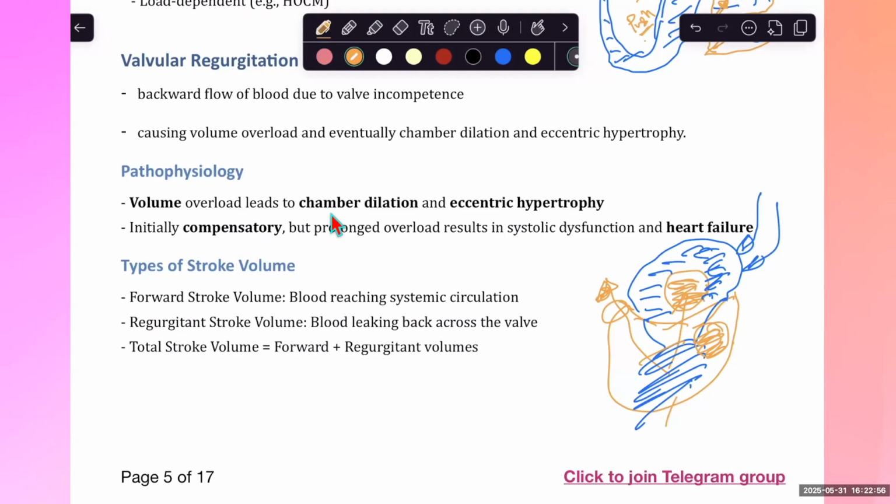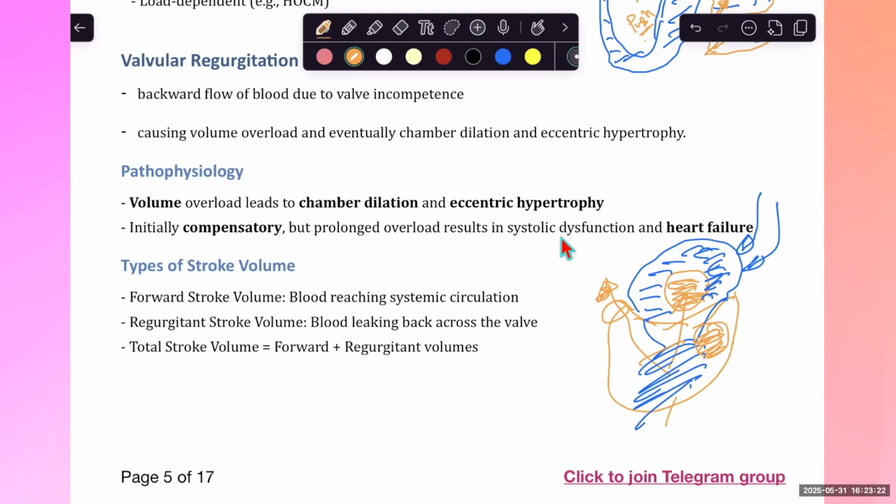So with time, there will be a change in the preload, a change in the diameter, and there will be eccentric hypertrophy, and we will explain it in a minute. Initially, as we just mentioned, all these compensate, but with prolonged time, systolic function will deteriorate and we will end in heart failure.